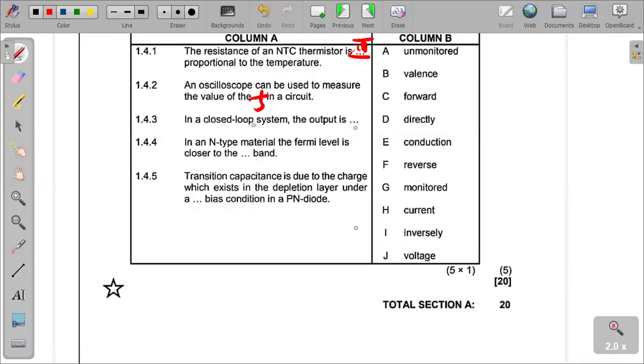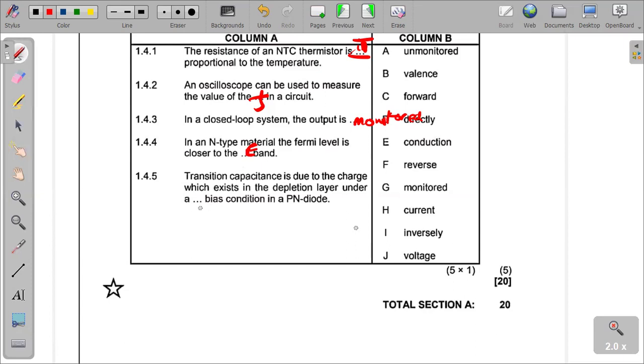And then in a closed loop system, the output is monitored. It's true, in a closed system, the output is actually monitored through the feedback. 1.4.4, in an N-type material, the Fermi level is closer to the conduction band, that's E. And then transition capacitance is due to the charge which exists in the depletion layer under a reverse bias condition.